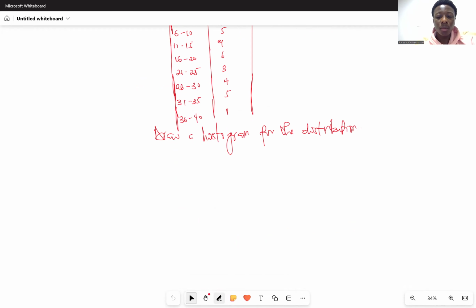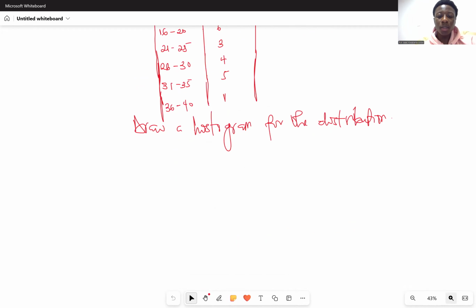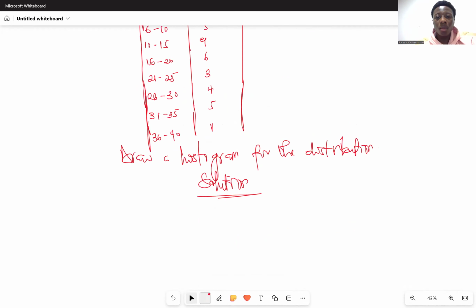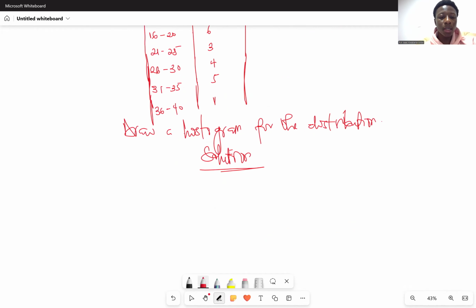So one way to address this question is by solution. One way to address this question is, you repeat the question. It just said draw a bar chart. So marks, no, here is number of students.